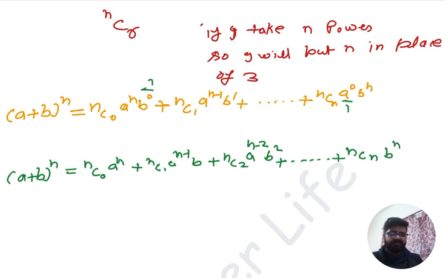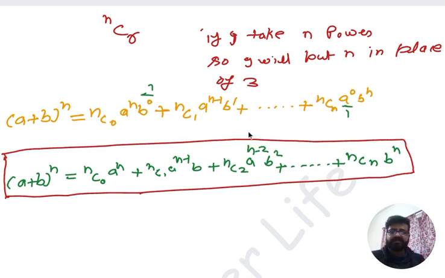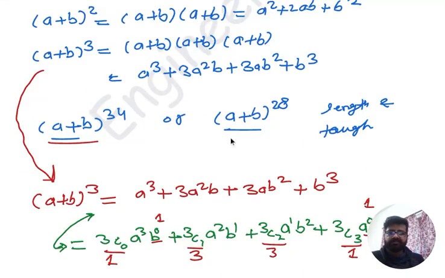So what is this? This is our binomial theorem. Now you can solve all the powers. You can solve this problem, this problem.